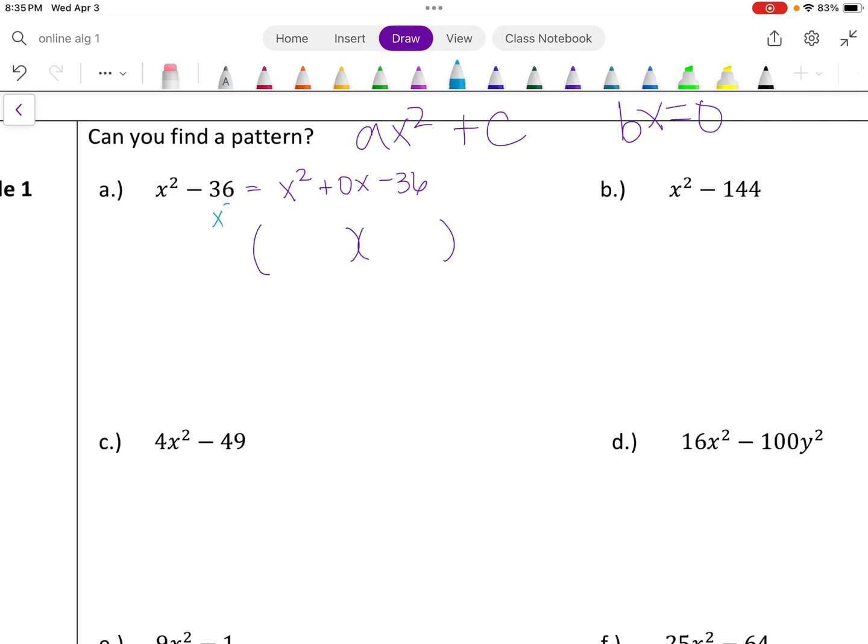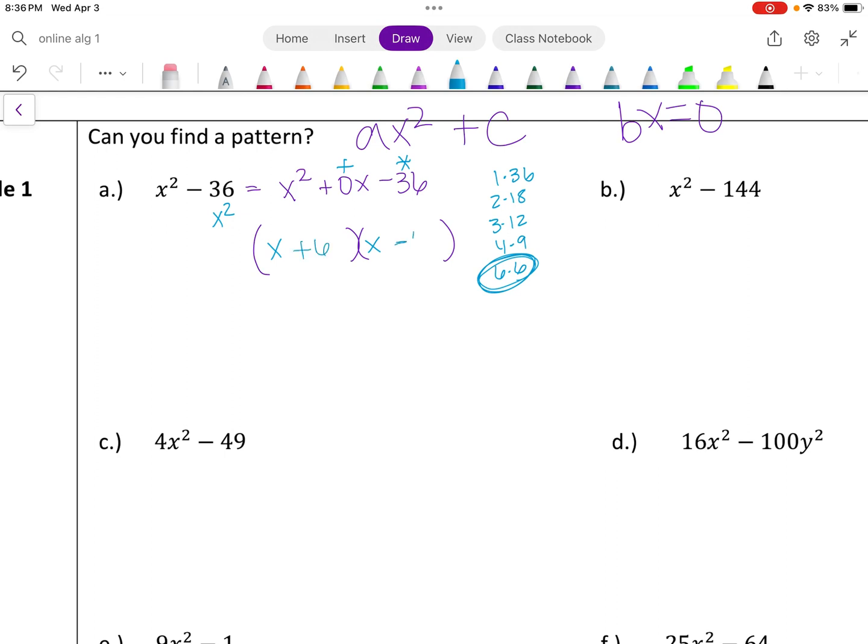The only way to multiply to be x squared is x times x. And I want something to multiply to be negative 36 and add to be 0. The only way for something to add or subtract to be 0 is if it's a number minus itself. A lot of things multiply to be 36, but I only care about the one that's a number times itself, 6 times 6.